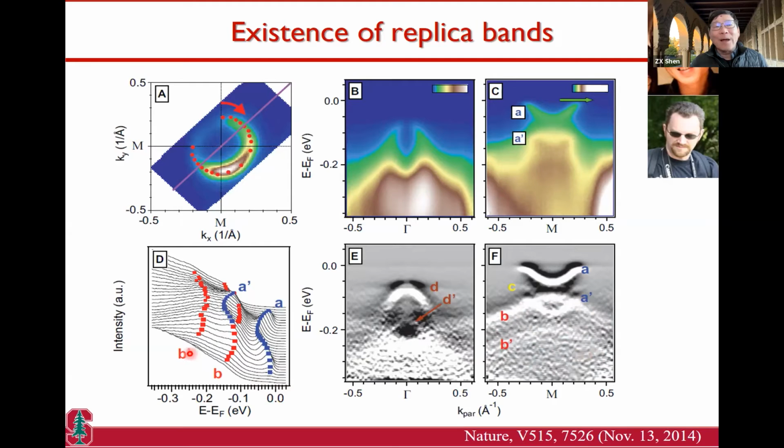But when you go back to the raw data, I hope you'll be convinced that there's a feature here. That's the B prime. So there's a copy of this being shifted by almost 100 millivolts in energy. And the copy is very loyal in the sense that you can see the subtle band bending, that is the superconducting gap, and the copy has the same thing.